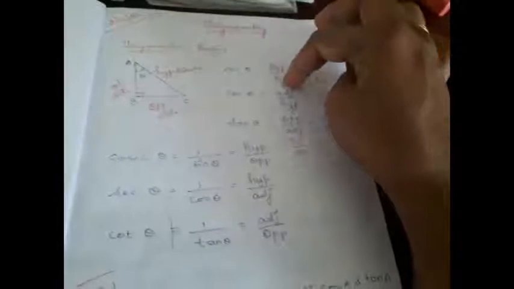And one more thing is, can the trigonometric ratios be defined only for this angle? No. You can define trigonometric ratios for this angle as well. If you define trigonometric ratios for angle C, then the values will change, but the definition will not change. Sin C is going to be opposite side divided by hypotenuse.